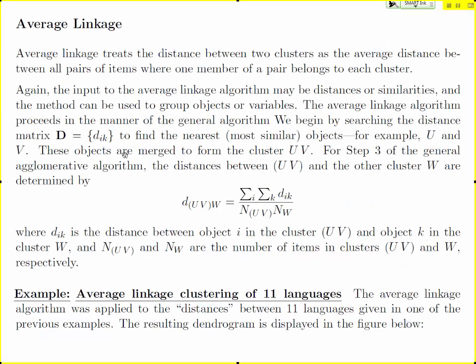It's just a different way of defining between cluster distances. Instead of the minimum pairwise distance or the maximum pairwise distance, it takes the average pairwise distance. So you can think of it as somewhere in between single linkage, which is most generous in calling things similar, and complete linkage, which is most conservative.